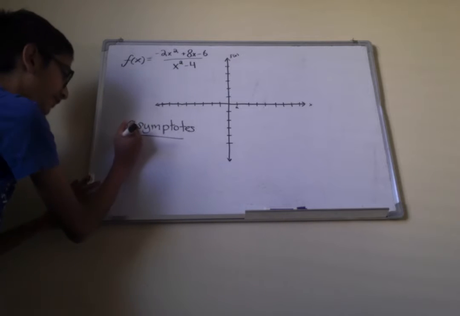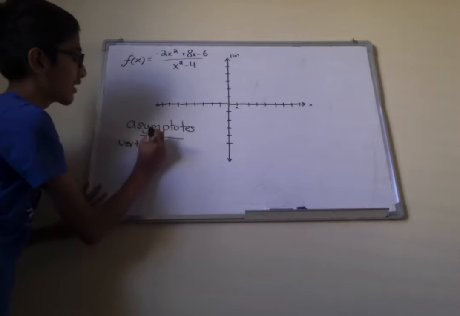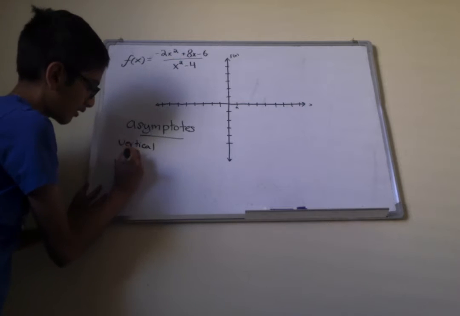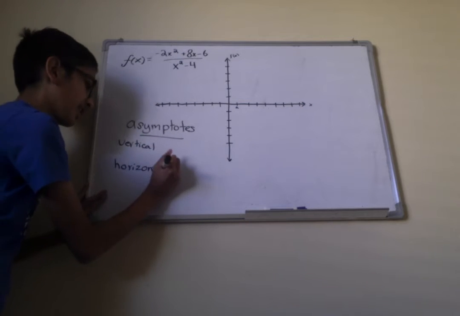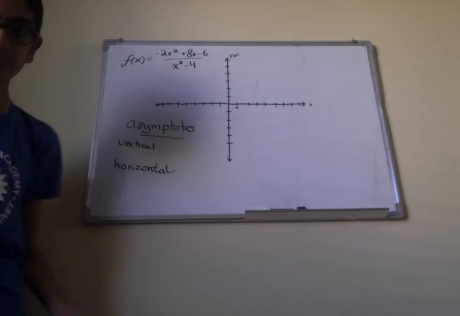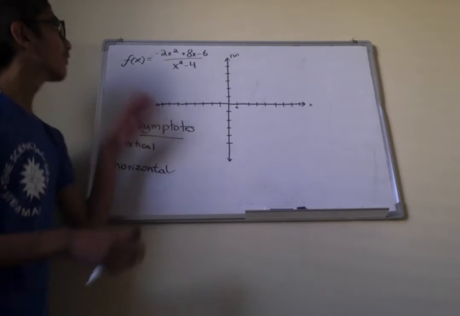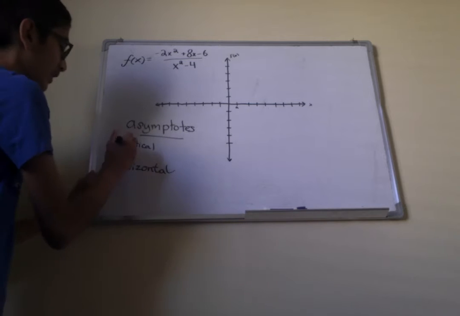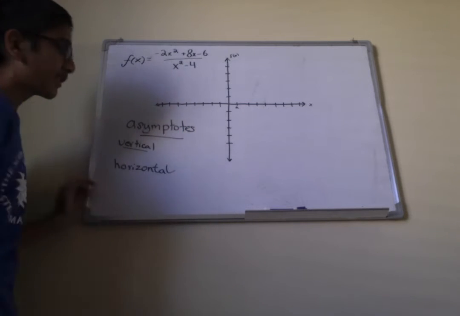There are two types of asymptotes, and then we'll just talk about them before we get into sketching this function. There are vertical asymptotes and horizontal asymptotes. Vertical asymptotes are the ones that are very unique with reciprocal functions. Vertical asymptotes are ones that you see when you break the rules of math.